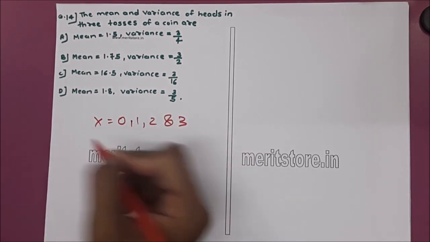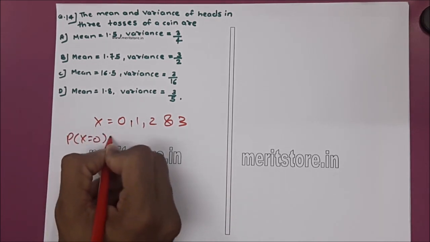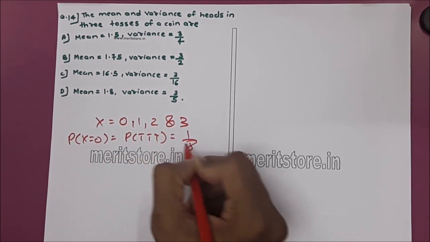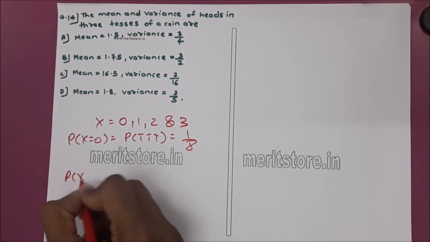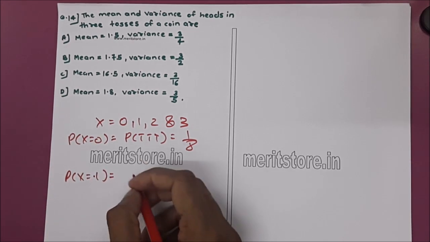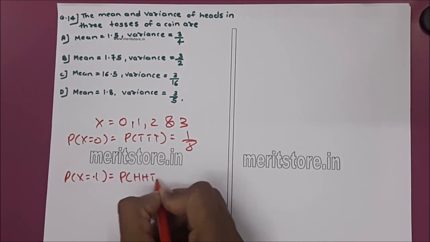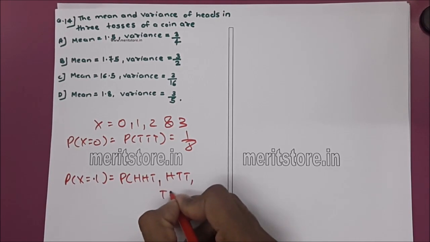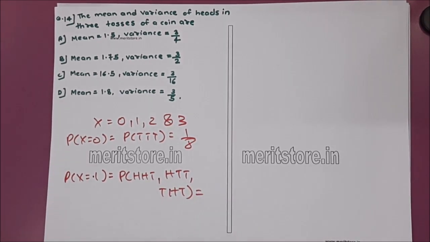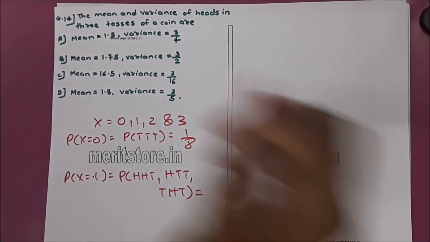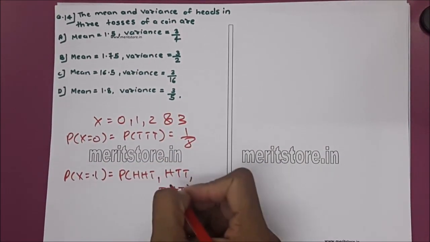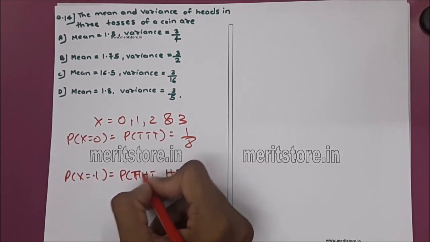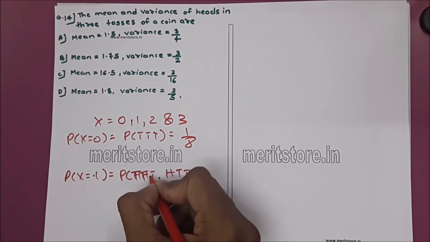So for the probability of X equal to 0, which is the probability of getting no heads, that is P of TTT, is equal to 1 by 8. For the probability of X equal to 1, getting one head, that is P of HTT, THT, TTH.